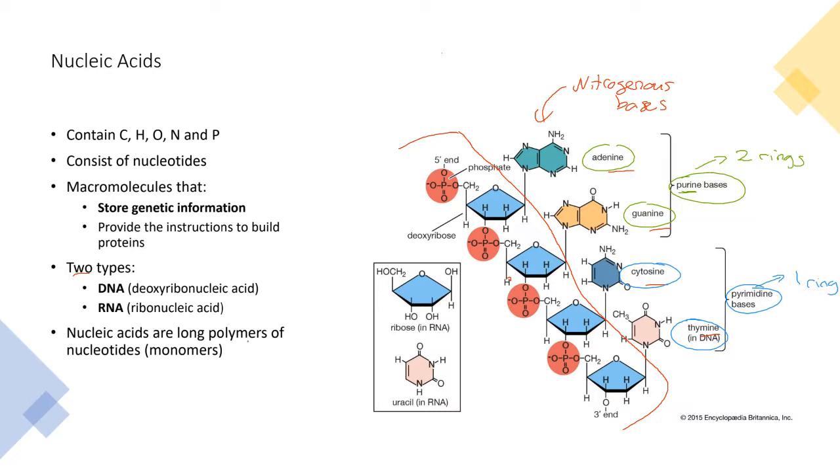And eventually, what's going to happen? Adenine, for example, is going to pair up with another nucleotide, and it's going to do hydrogen bonding. Let me do this in just one line, just so you can get the idea.